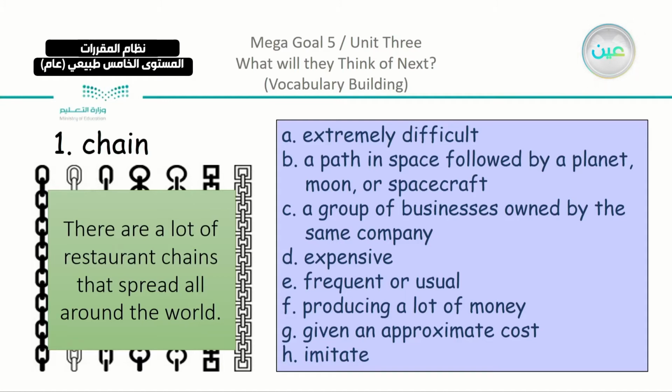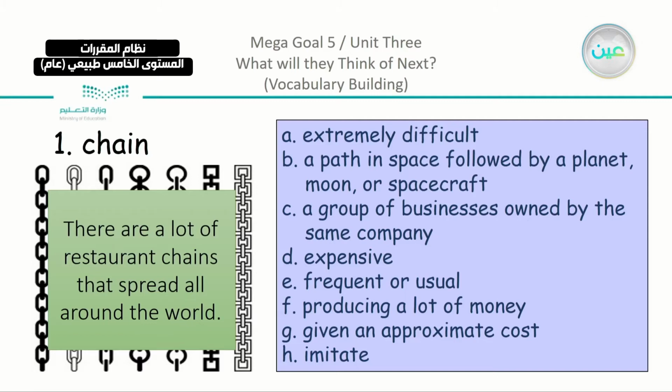So this restaurant, coffee shop, or brand, any kind of store that has a lot of branches in many places, this is what we call a chain. So here, it will be easy to relate to one of the meanings.